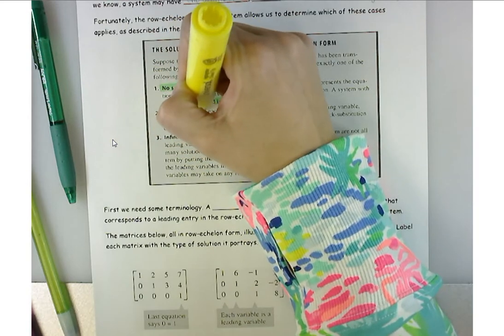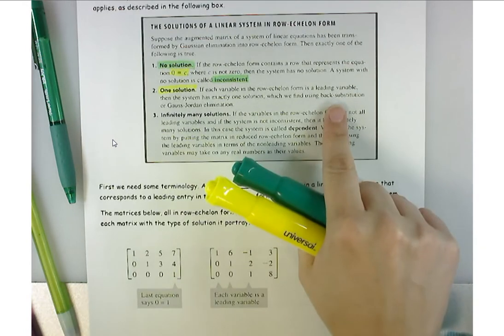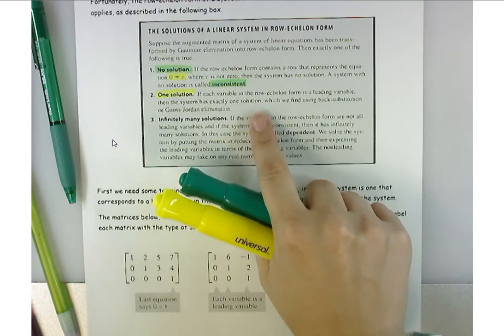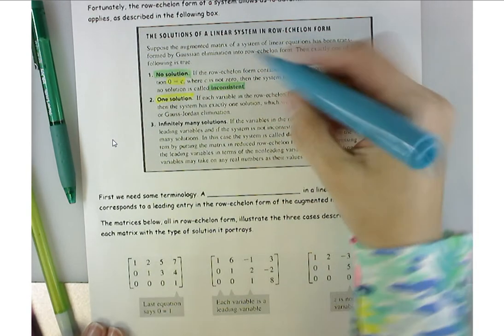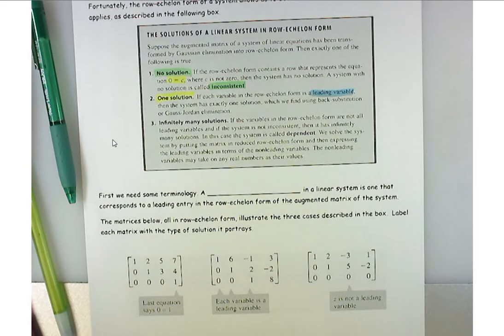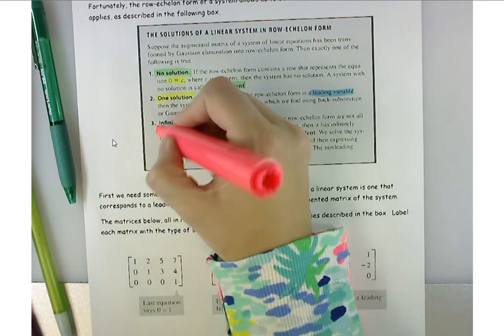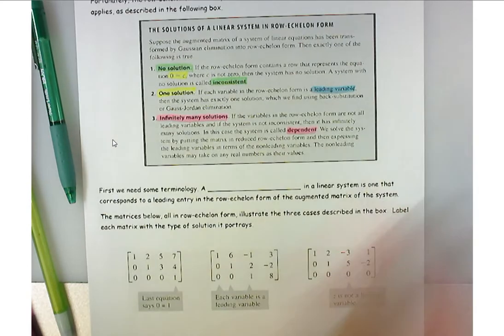If you have one solution, that's going to be exactly like the matrices that we solved today and yesterday. So if you have a leading variable, then there's going to be exactly one solution. If each one has a leading variable, then you're good. And then the last one is infinitely many solutions, which is a dependent system.